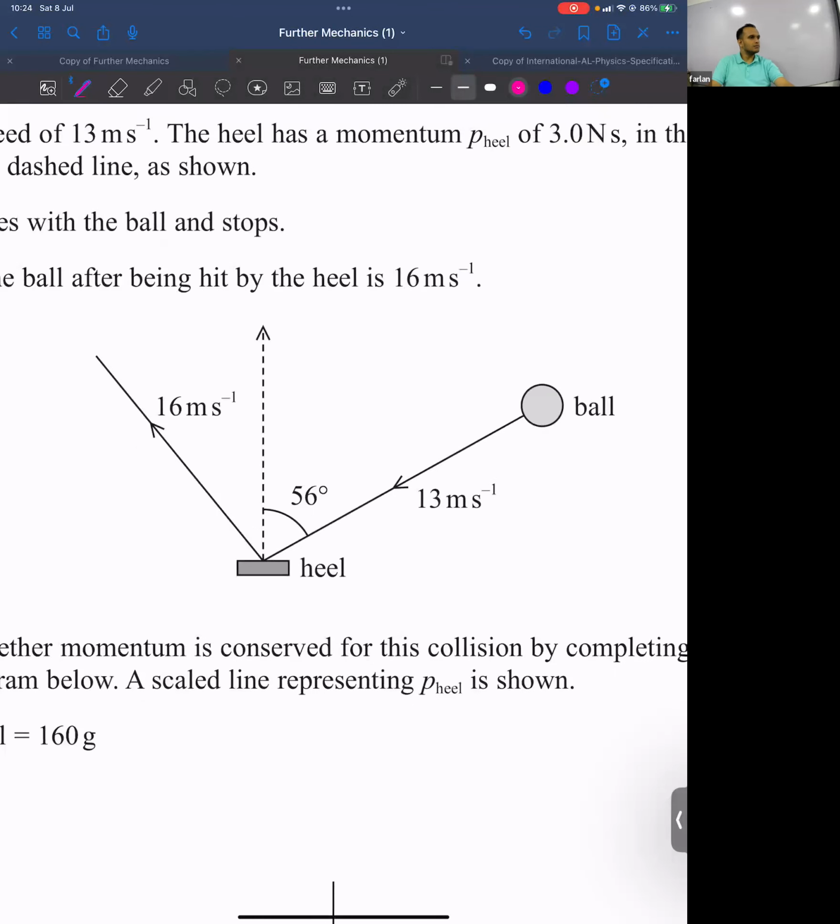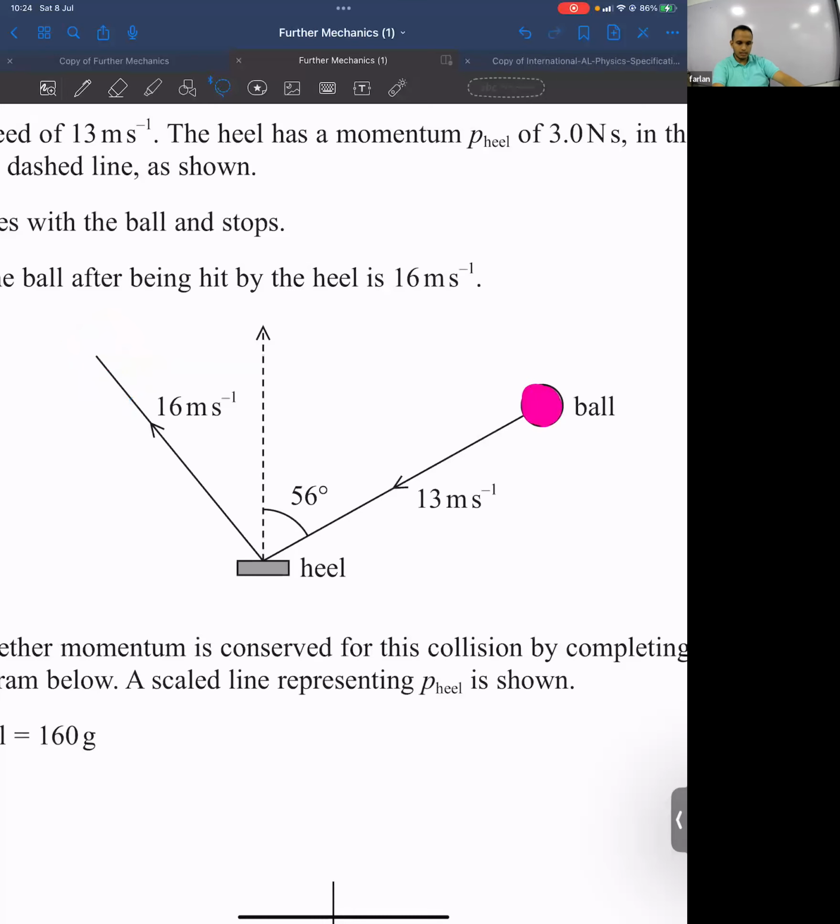Do you understand this diagram? Now guys, the ball is coming from here, in this direction. And then you bring the heel and hit it. And then the ball changes its direction. It moves this way. The ball comes in one direction, you hit it so that the direction of the ball changes.